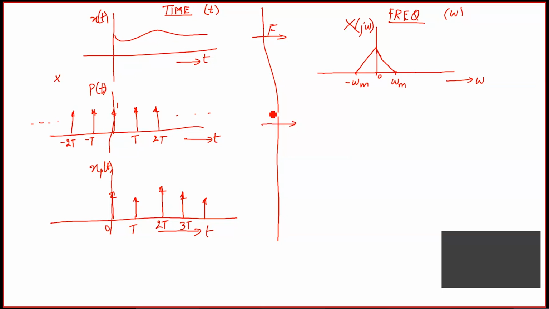Now, for p(t), we have seen that once we take the Fourier transform of p(t), what we end up getting is again a set of impulses, located at 0, ωs, minus ωs, and this goes on and on.